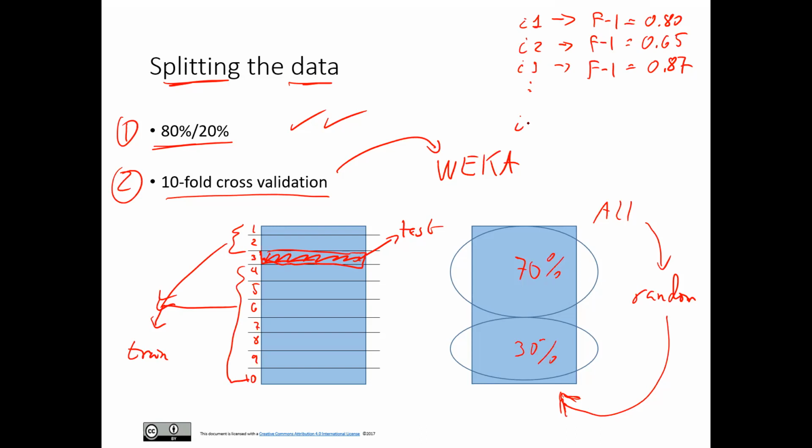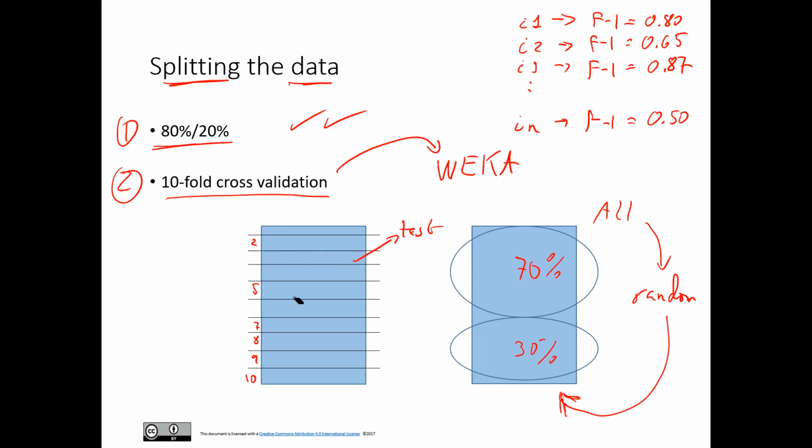I'm not going to do it for all, but you do it N times, and you might have 0.5 for whatever reason on the last one. So now you left this one for test, and then the other 9 for train. Once again, you train the model on the 9, and then you apply the model to the last one and report the performance, and maybe the performance comes down to 0.5.